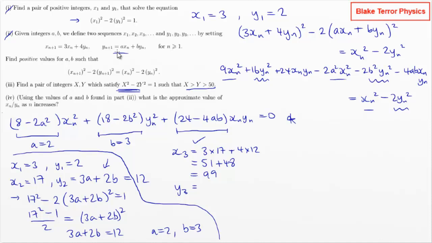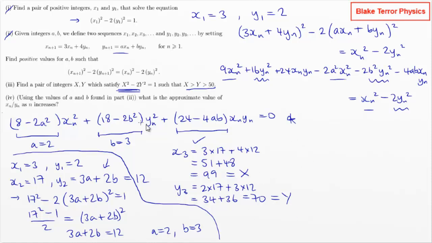So a is 2, and so that's 2 times 17, plus b is 3, 3 times 12. That's going to be in the range, isn't it? That's 34 plus 36, which is 70. So we are saying then for x and y, that is our capital X and that is our capital Y. Okay, so that came out okay.